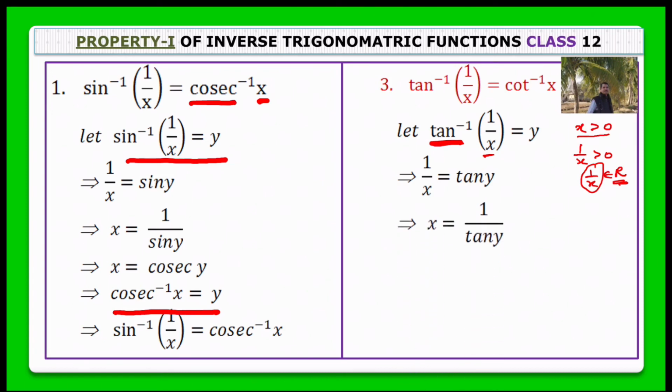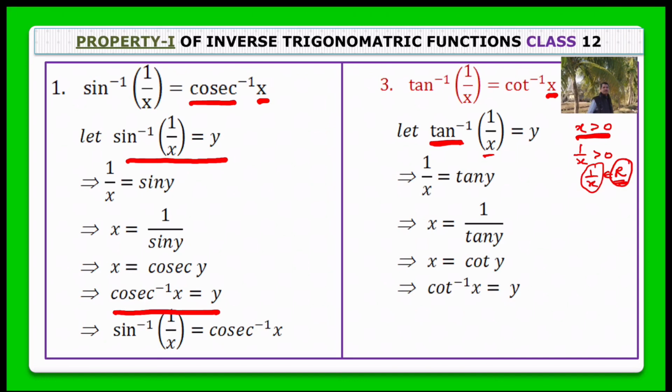Now taking the reciprocal of both sides, x will be equal to 1 upon tan y, and we know that 1 upon tan y is nothing but cot y. So x equal to cot y. Now here the value of x is greater than 0. It means it also lies in the domain of cot inverse, because the domain of cot inverse is also R. So we can write cot inverse x equal to y.